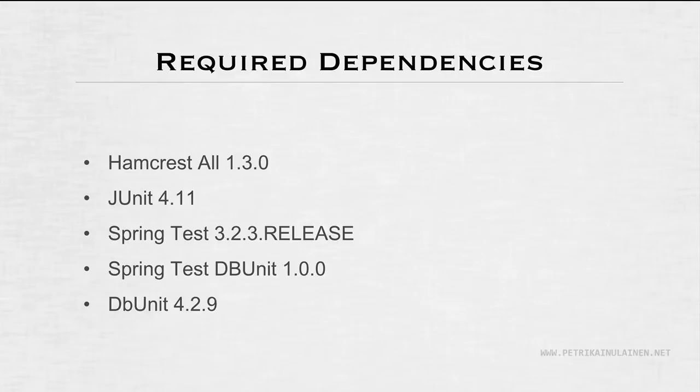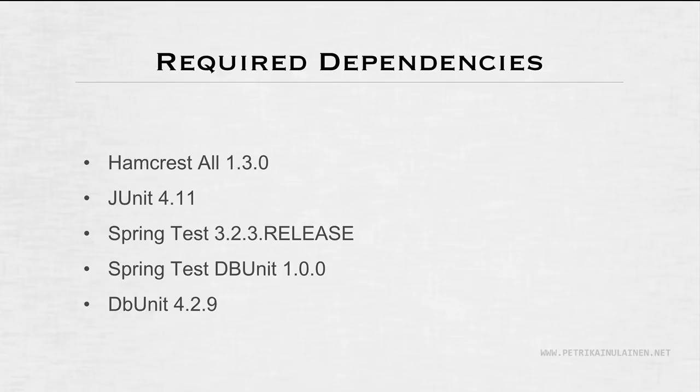We can get the required dependencies with Maven by adding the following testing dependencies to our POM file. Hamcrest all 1.3.0, we'll use the Hamcrest matchers to verify that the data returned by our repository is correct.